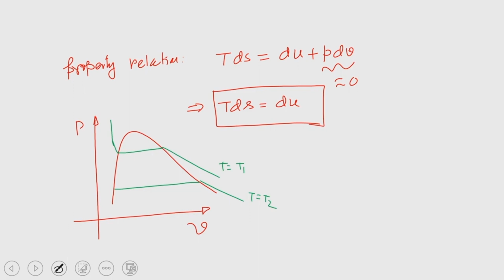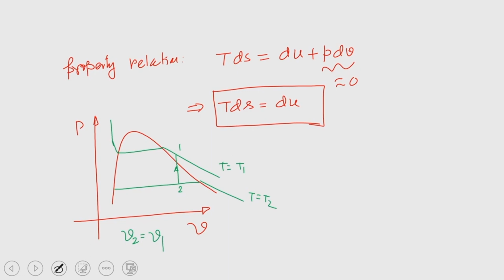Say this is the process, this is 1, this is 2. We are supplying heat to the system, temperature increases, and this is a reversible constant volume process. Volume does not change, so V2 equal to V1.